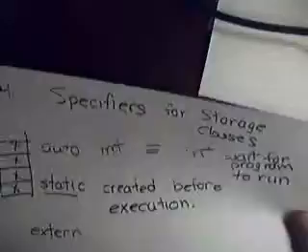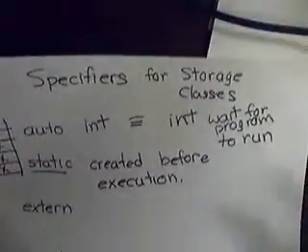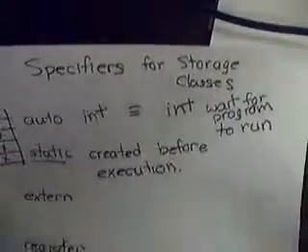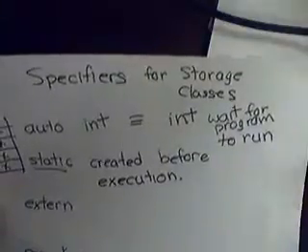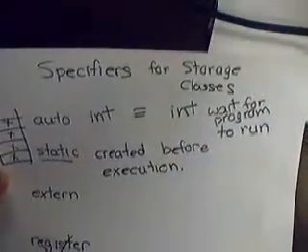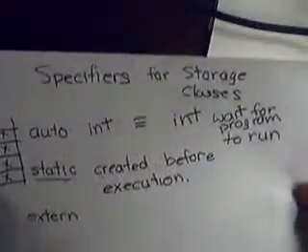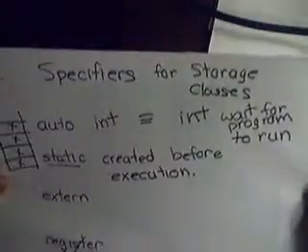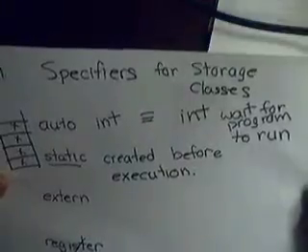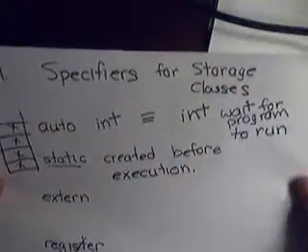Basically, there is an initialization stage in which the microprocessor, or the operating system, is going to run some preliminary steps, and during those steps you can create the static variables.